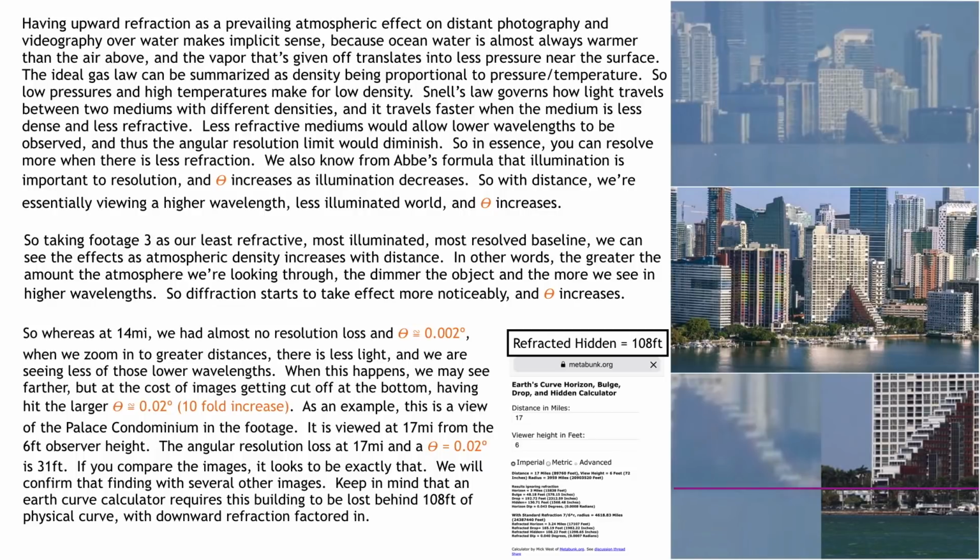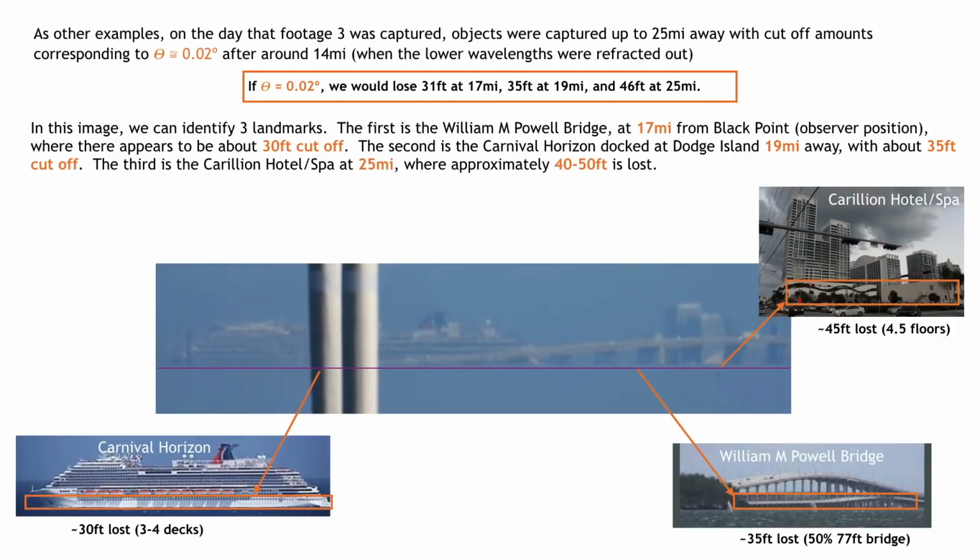But again, 108 feet, which is almost three-quarters of this building or more, is supposed to be physically lost. And we're viewing this on a perfectly crystal clear day with almost no refraction. The air temperature and water temperature were essentially the same. So there is essentially no downward refraction, even if such a thing existed over bodies of water, which it doesn't.